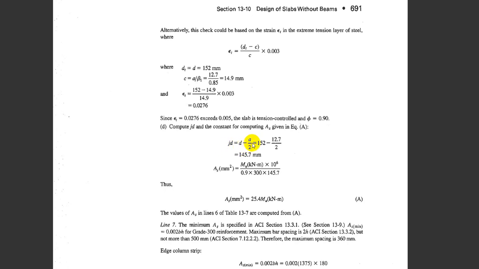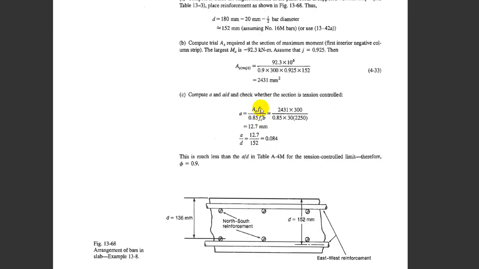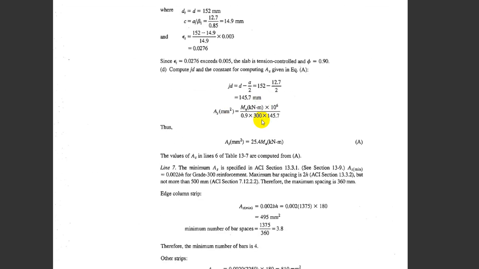This is d minus a over 2, and a was 12.7. This is simply calculated from the depth of the concrete block. Here it is, very easy, right? Nothing so difficult. So now we are ready to calculate the rebar area.